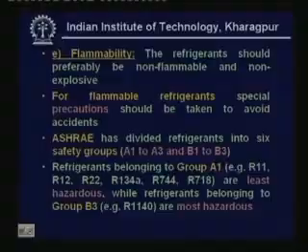If you know to which group a particular refrigerant belongs, then you know whether it is dangerous or hazardous or not. This is the advantage of knowing the group.